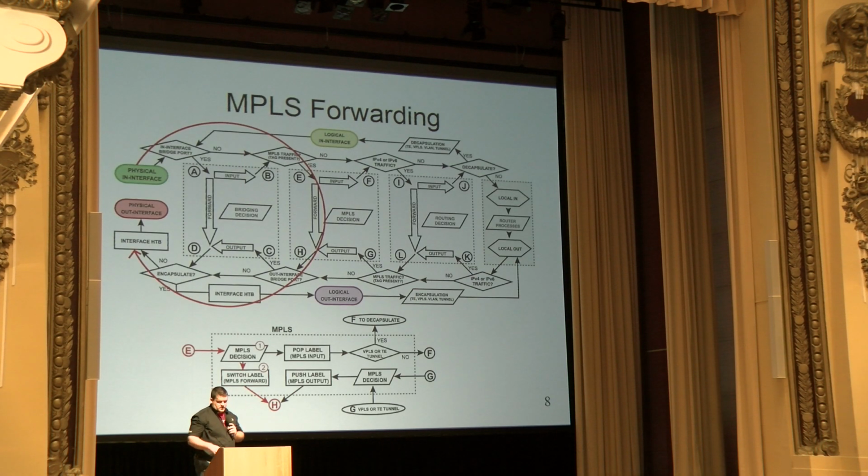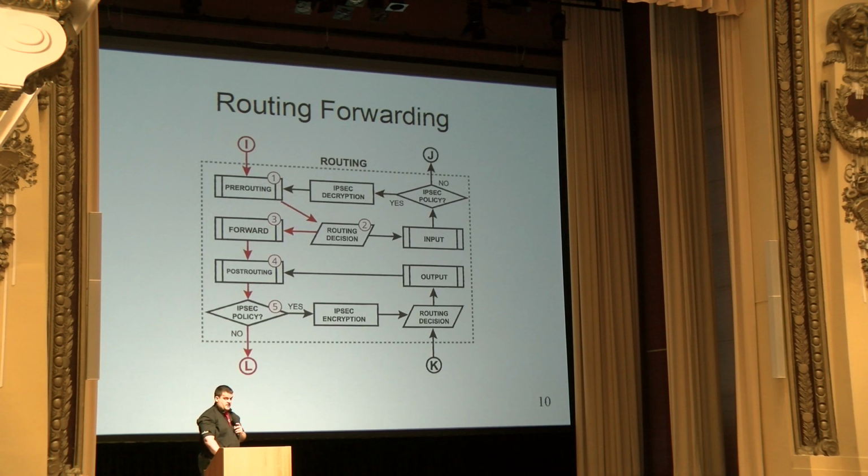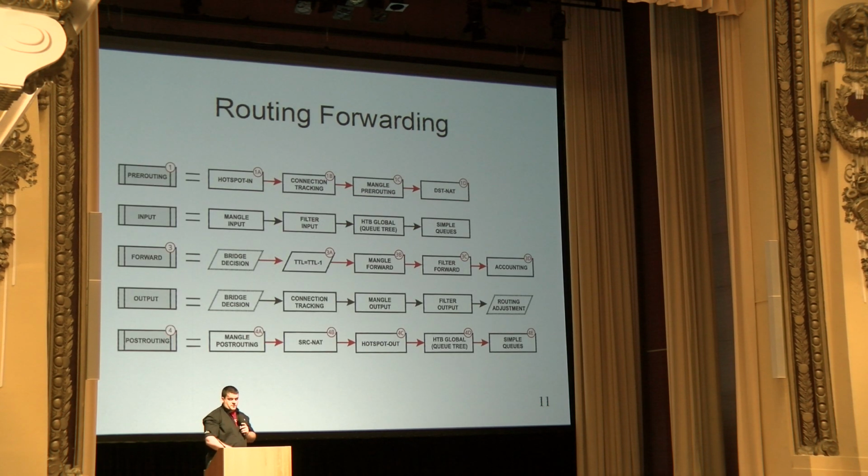If we're talking about simple MPLS forwarding, then it goes to the middle box, and there are only 2 steps. You basically make an MPLS decision and switch the label, and you go out. But then comes a very interesting part, the routing part, which not only has 5 general steps that you can see here, but also a few other steps.